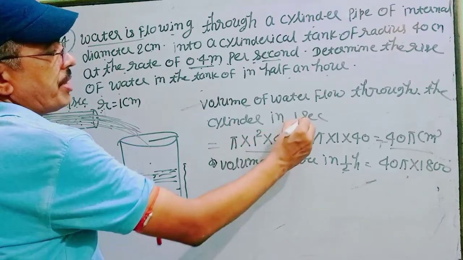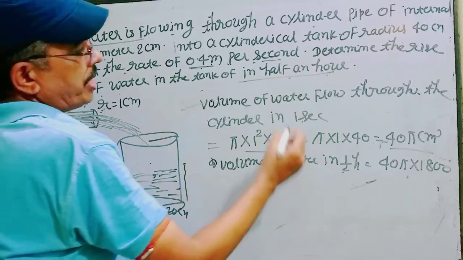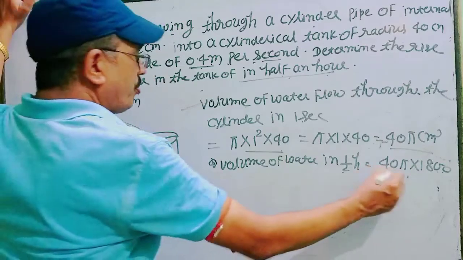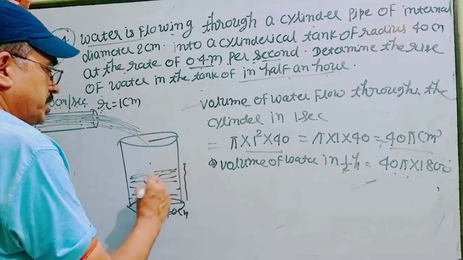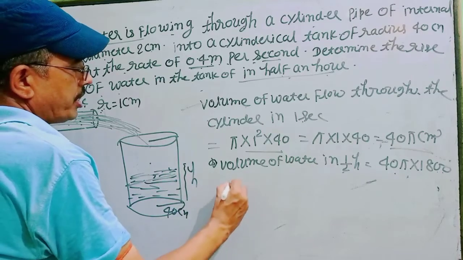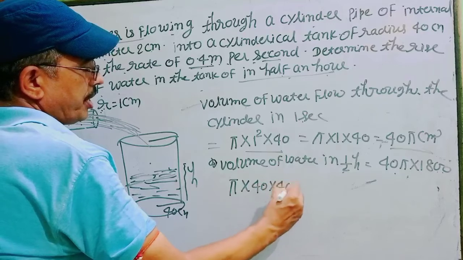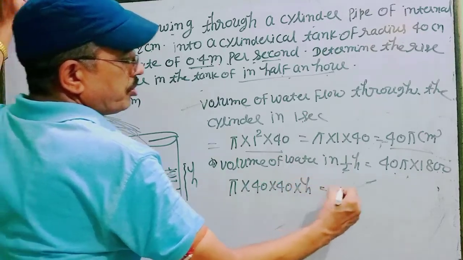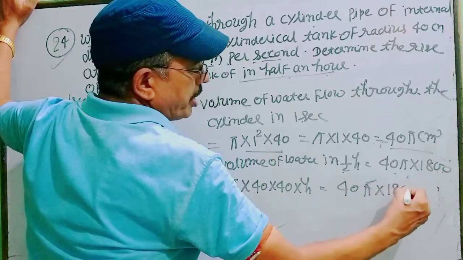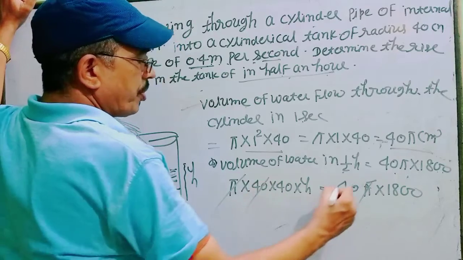This volume is given in 1 second, and your question is volume in half an hour, that is 1800 seconds, and this volume is equal to the volume of cylinder absorbed in it. Suppose height is h, so we write pi r square into h is equal to 40 pi into 1800. So pi cancels, 40 cancels.